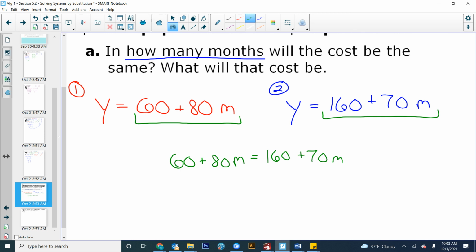I set those equal because they're both equal to y.